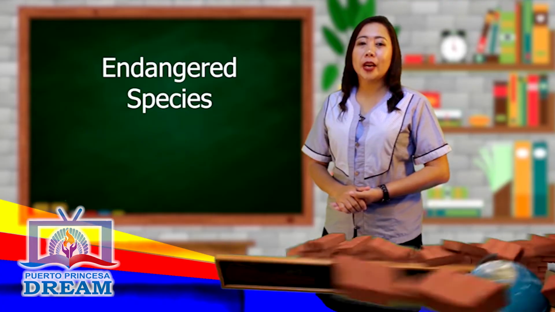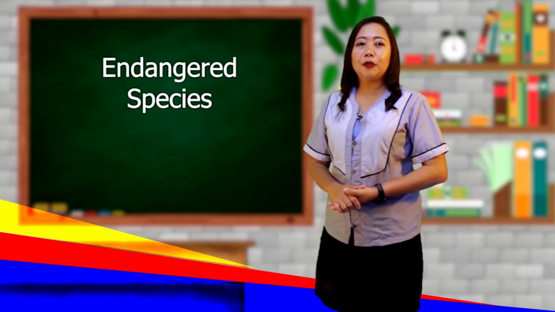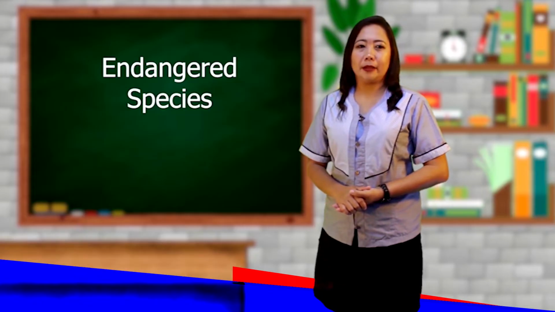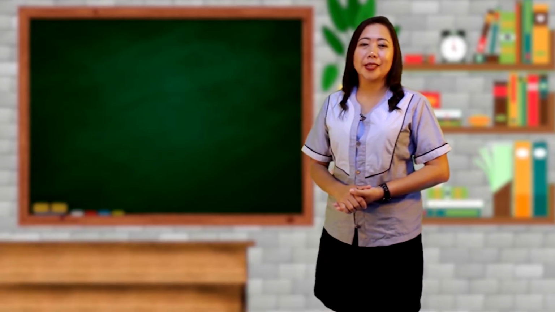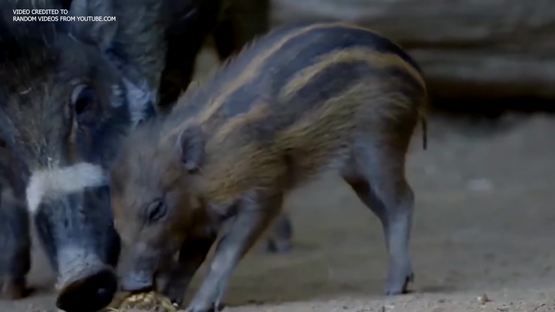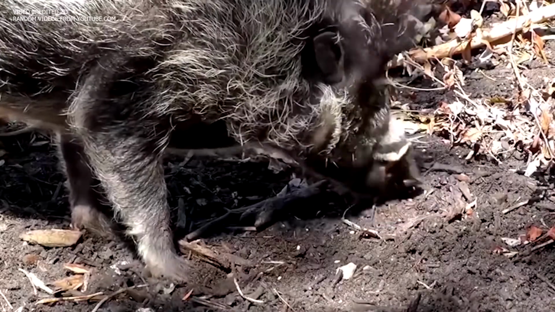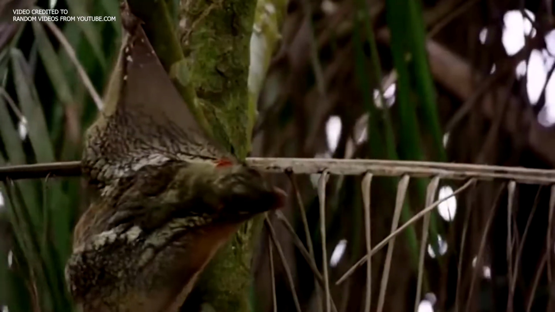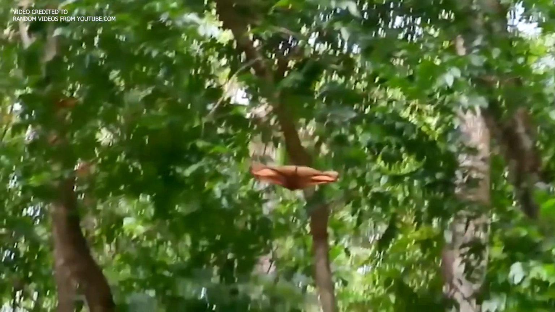The species are considered endangered if the population becomes so low and only few remain. What are threatened species? Threatened species are particular organisms that decline so fast. They were likely to become an endangered species within a short duration.